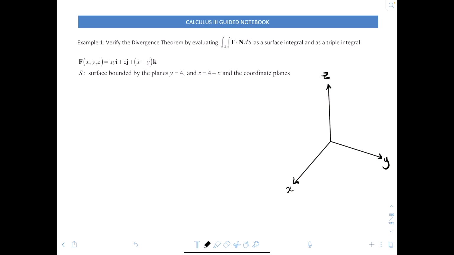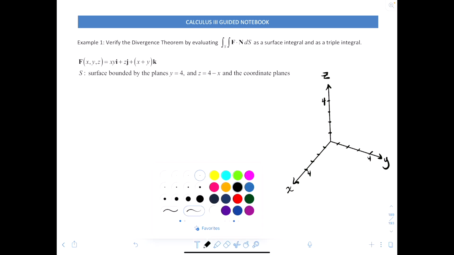So y equal to 4, z is 4 minus x. Lots of 4s here, right? So we need 1, 2, 3, 4. So the line y equals 4 would just be this line here.